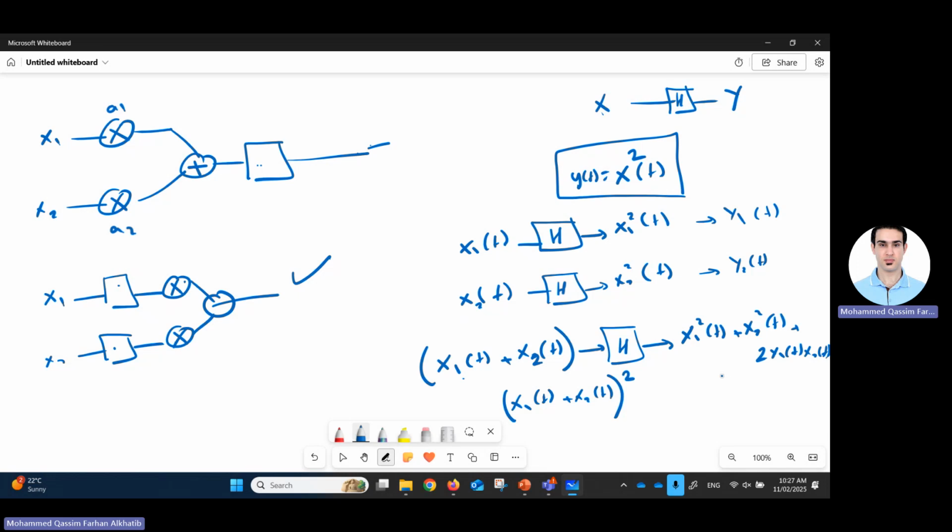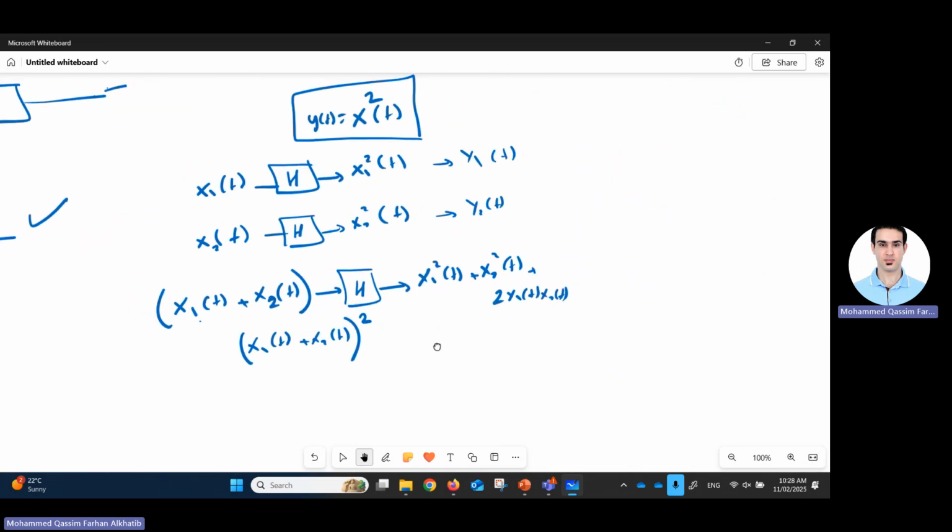Now the whole homogeneity part, oh sorry, this is additivity. Additivity is saying that if I apply the transformation of x1 of t plus x2 of t, will I get y1 of t plus y2 of t?